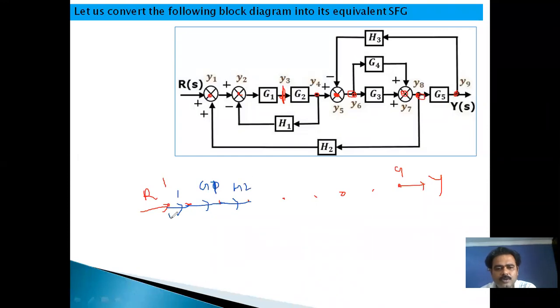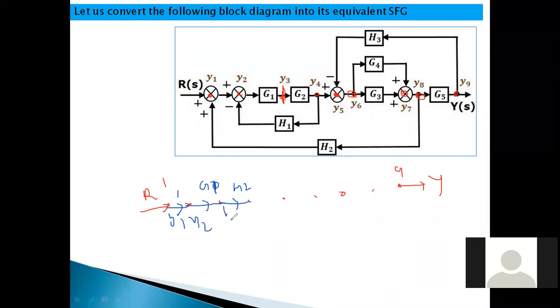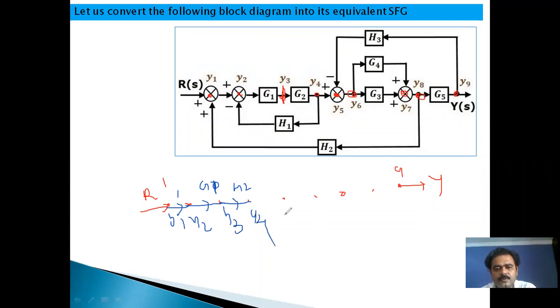So these are the points Y1, Y2, Y3, Y4, Y5. Please note down Y6, Y7, Y8, Y9, and so on.